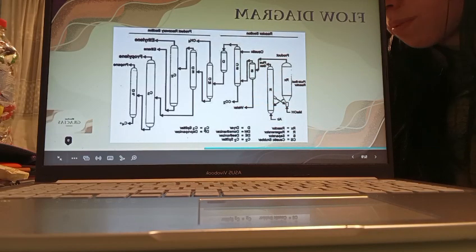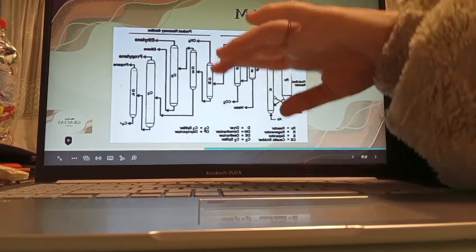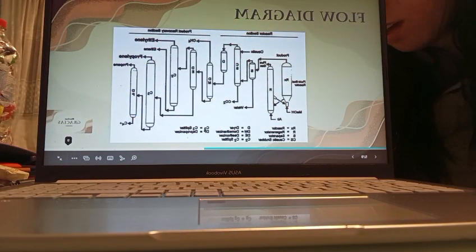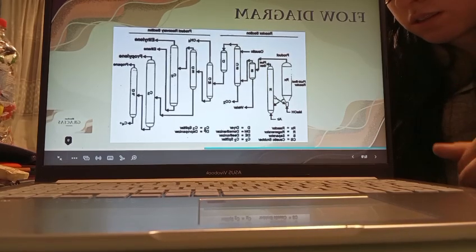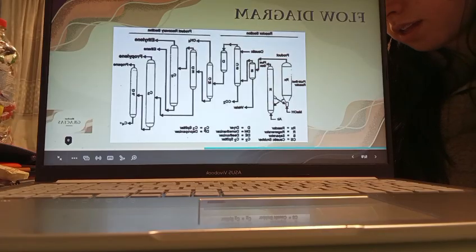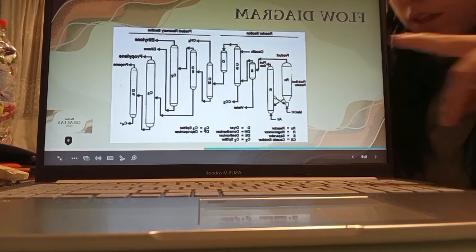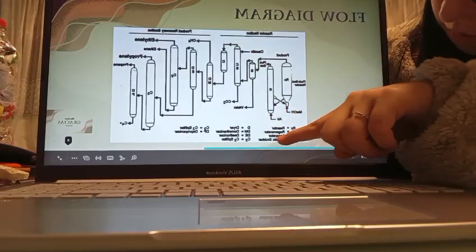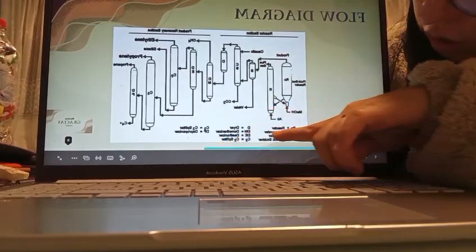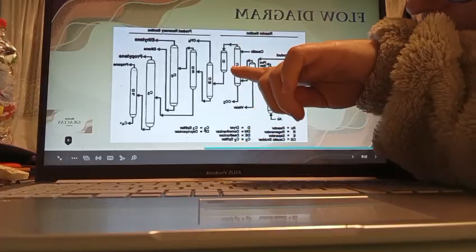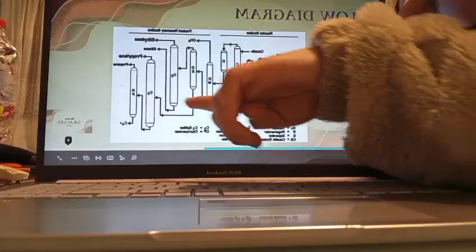Okay, finally, the separation section consists of a distillation train. The distillation train is here. In there are the demethanizer, the deethanizer, the C2 splitter, the depropanizer, and the C3 splitter, etc. We can see the names and the location in the bottom part here, and we can see what every letter means in every figure there.